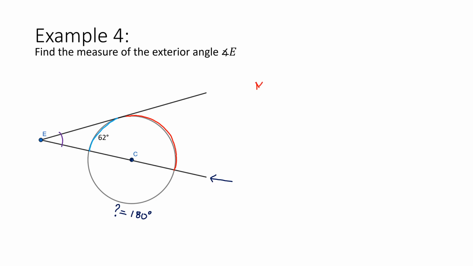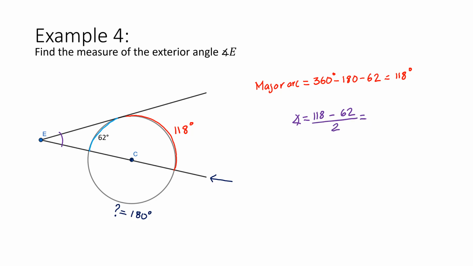Knowing that, I can find the measure of the major arc. The major arc is going to be equal to 360 degrees minus 180 minus 62. And that gives us 118 degrees. And now that we have the measures of both of the arcs, we can find the measure of the exterior angle just by subtracting 118 minus 62 over 2.